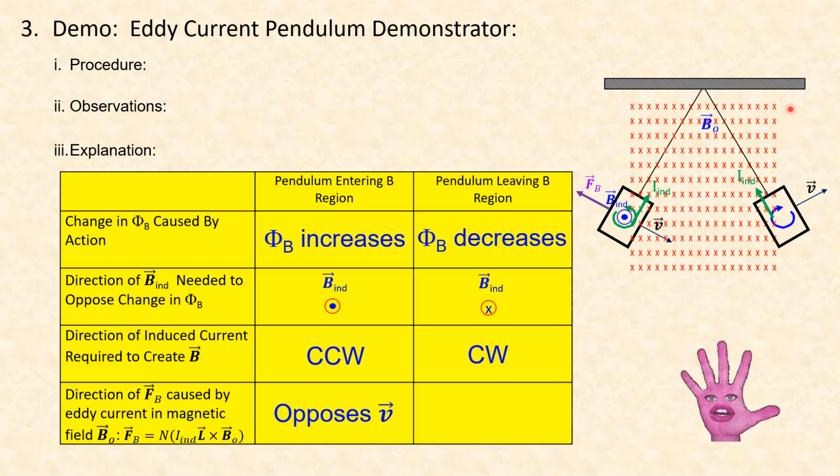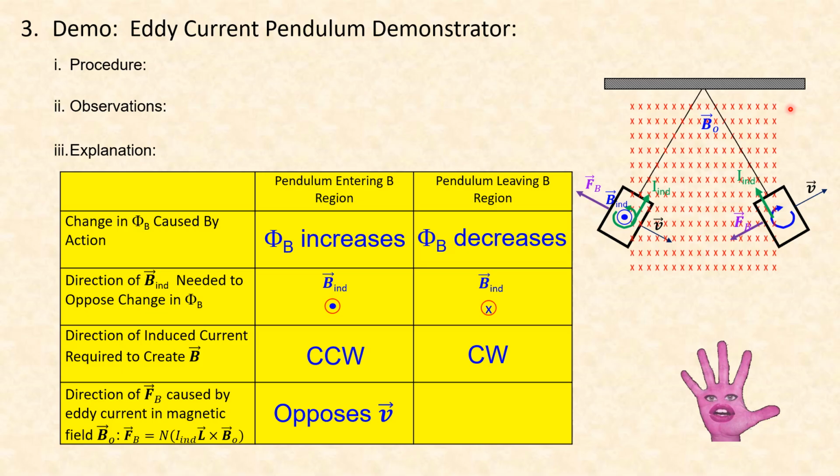Once again, we have a current in the original magnetic field that gives rise to a magnetic force on the pendulum as it exits the field region. Using your right-hand rule, placing the fingers of your right hand in the direction of the induced current and letting them curl towards the second vector in the cross product, the original magnetic field, will produce a force in the direction shown.